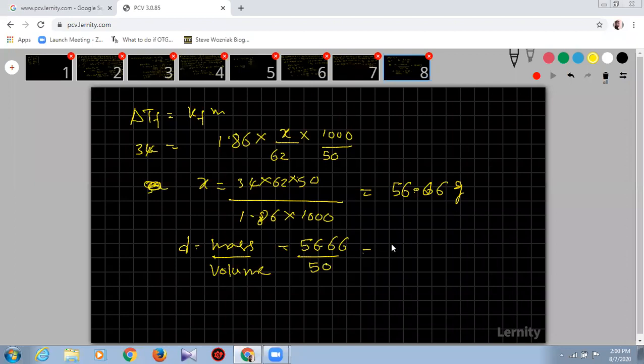So that is nearly 1.12 gram per centimeter cube. This is the density. Anyone wants to note down? Note down.